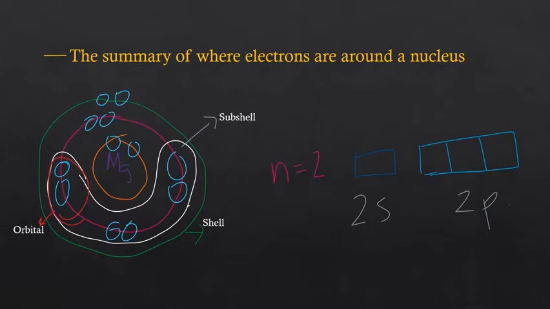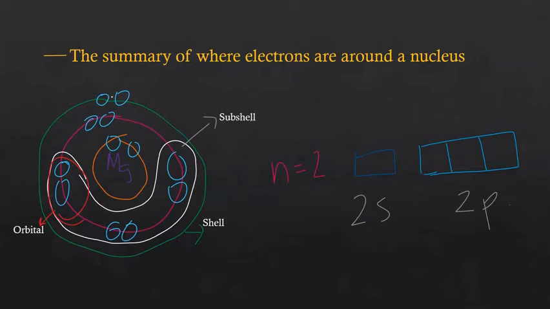Each shell can carry one more subshell than the preceding one. The first shell, the closest one to the nucleus, can only carry the 1s subshell, just one S subshell. The second shell, the ring afterwards, can carry 2 subshells: a 2s subshell and a 2p subshell right here.